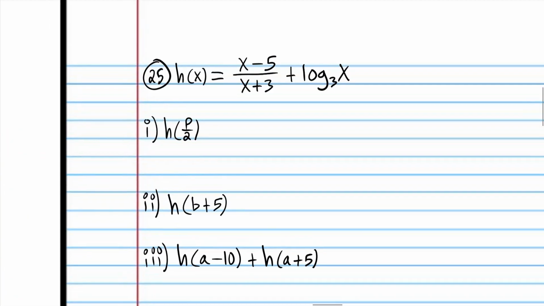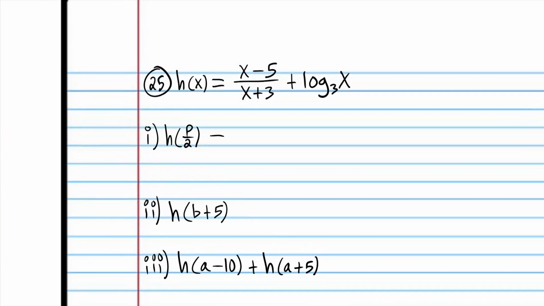So we're asked to find h of p over 2, given that h of x is equal to this expression. So we have p over 2 minus 5 over p over 2 plus 3 plus log base 3 of p over 2.